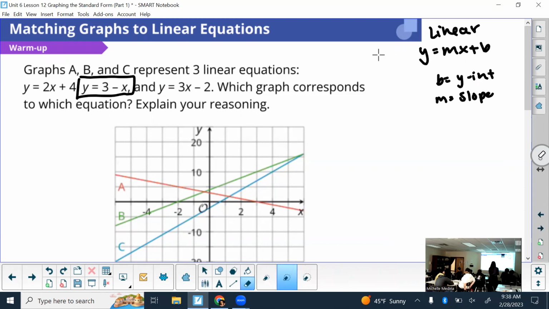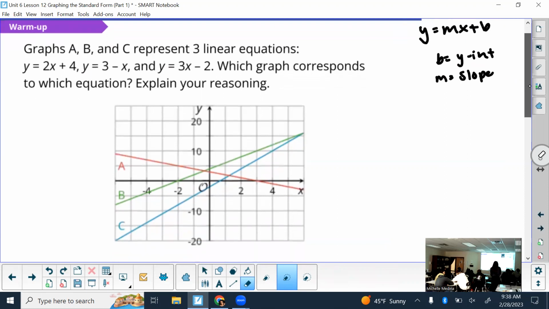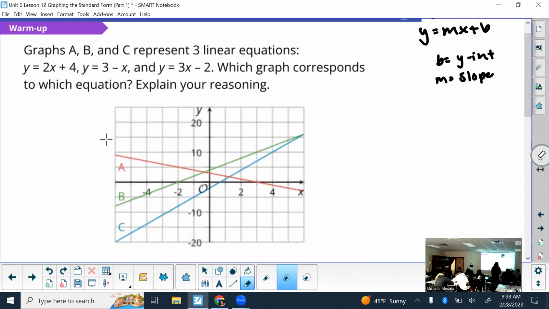So that you guys would need to know, which hopefully you guys do by now, otherwise, now you know. Okay, so for equation A, this very first one, or line A, what equation best matches? Table 3, which one of these do you think best matches A?